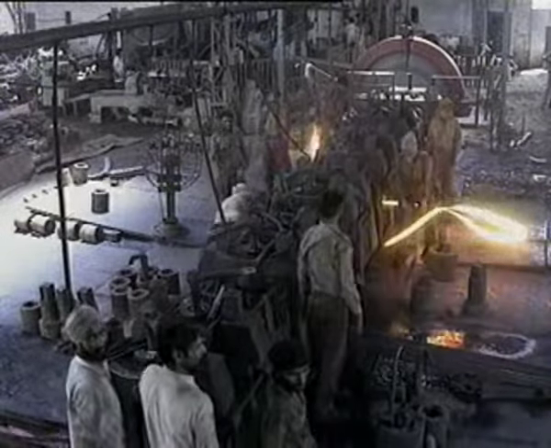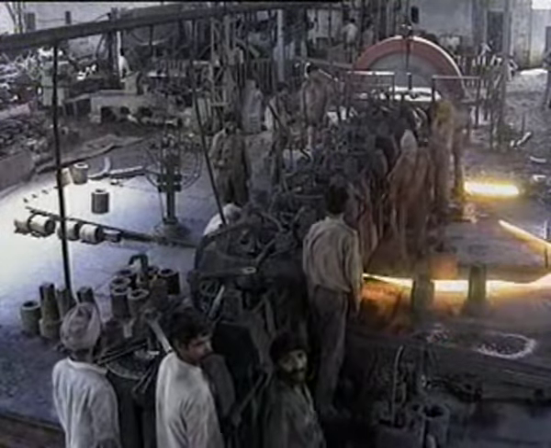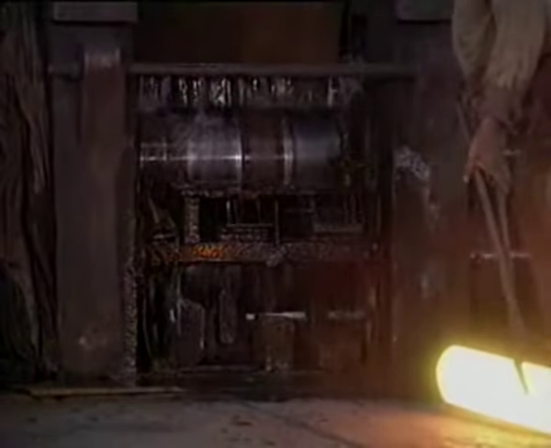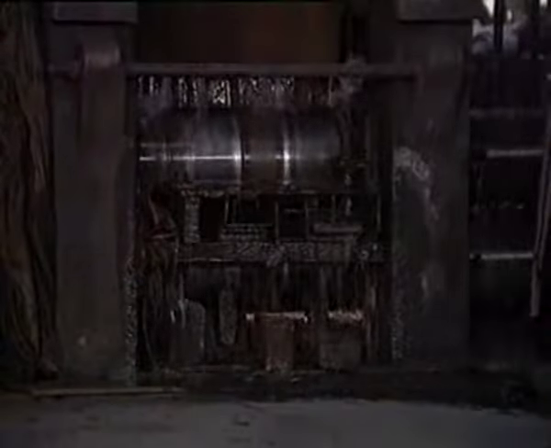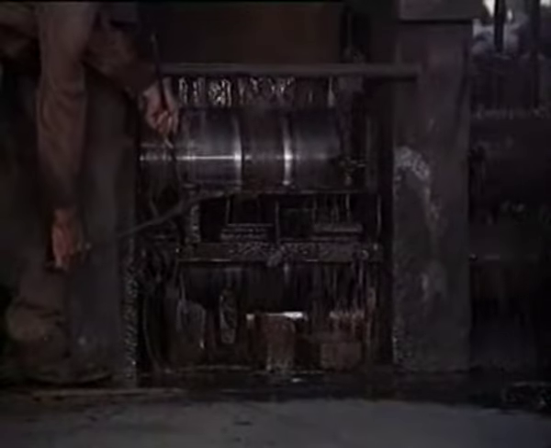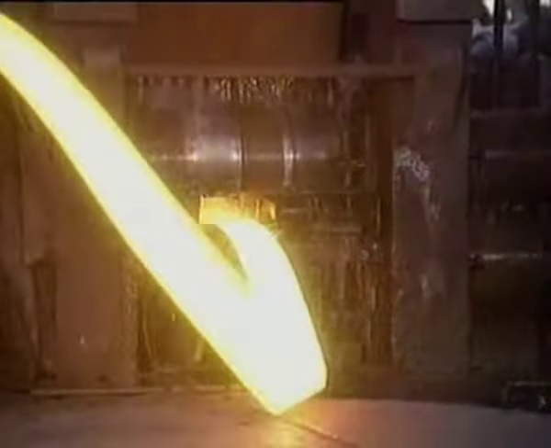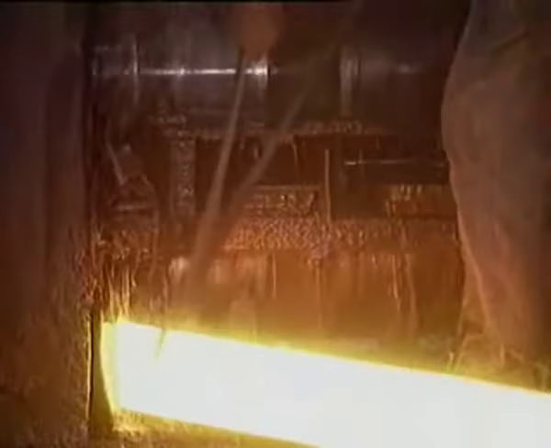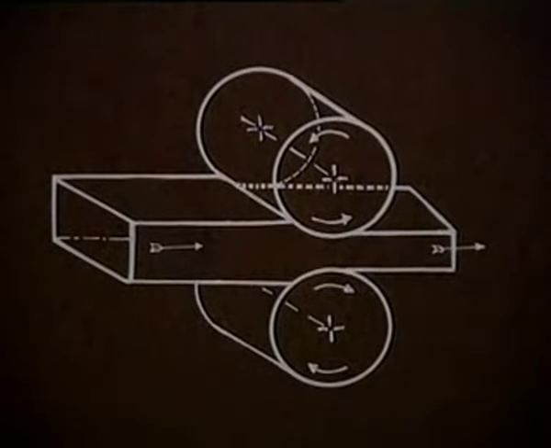Rolling is the process of producing different components by plastic deformation of work material by passing it between rotating rolls. The process is called longitudinal rolling if the forming rolls are rotating in the opposite directions and flow of work material is along the length of the job and perpendicular to the central line of the rolls.